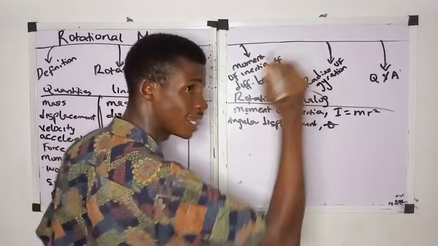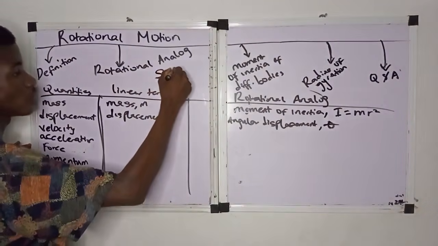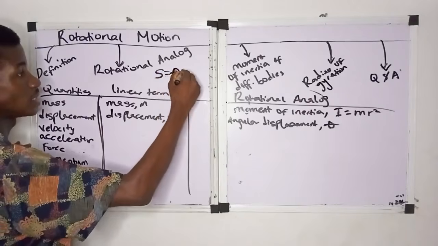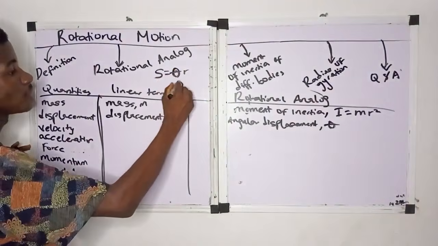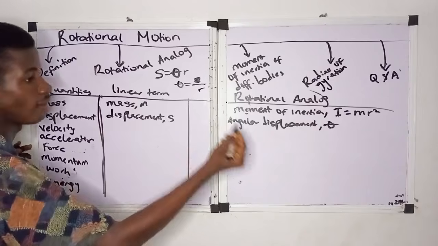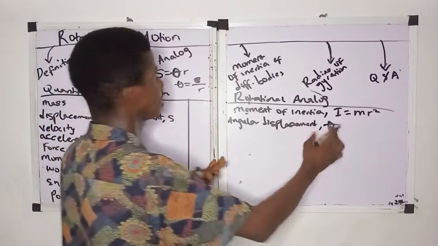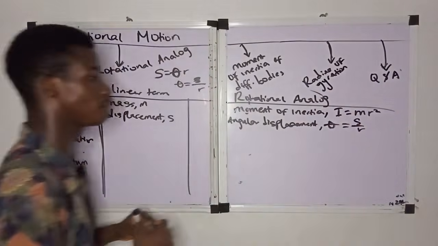Previously I told you that the length of the arc is equal to angular displacement times radius. So if we make angular displacement stand alone, it is equal to the length S divided by the radius r. This is very important, please take note.